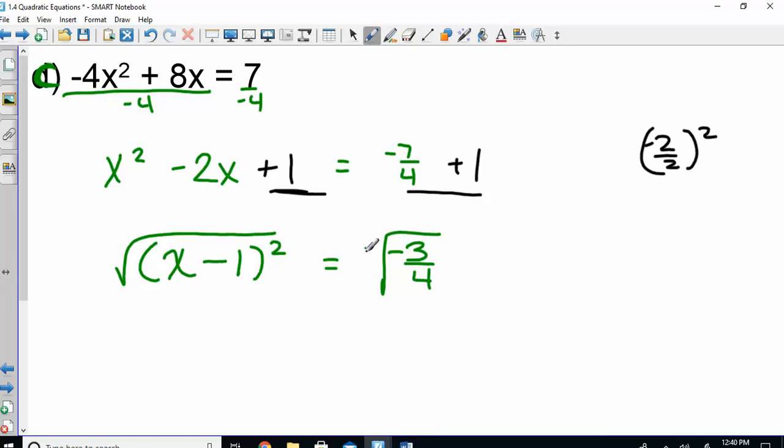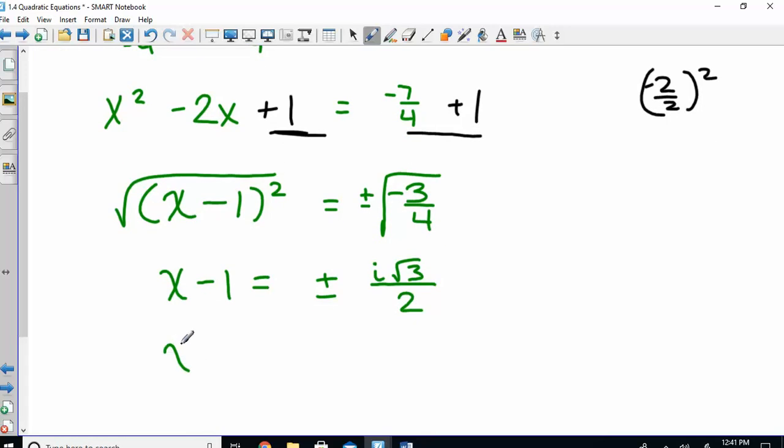Square root, plus and minus, of -3, that would be an i radical 3, over square root of 4 is 2. So we can break it up and do the square root of the top and bottom separately. And final step, you add the 1s.